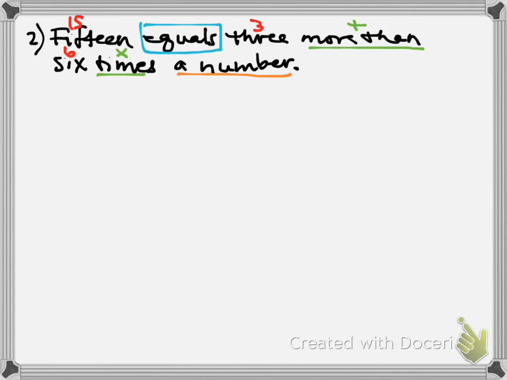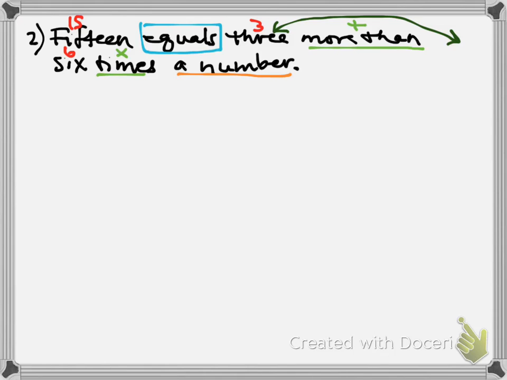Now, there was one thing we didn't do. What else does more than tell us? Yeah, if you look back at your list, it's a switcher phrase. So that means the 3 is going to come after the plus, and the 6 times the number is going to come in front of the plus. So that's what we have to watch out for.